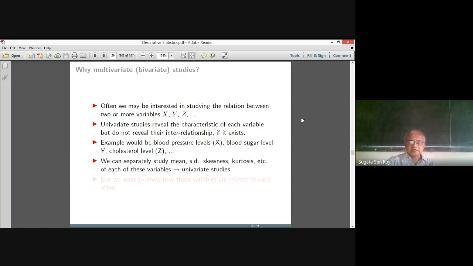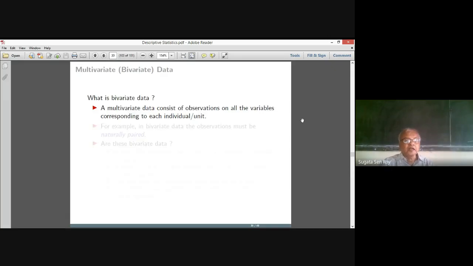But my interest now is to know how these variables are related to each other. So separate studies are possible, univariate studies. Focus now goes to the relationship between these variables. And I'll start with bivariate data.